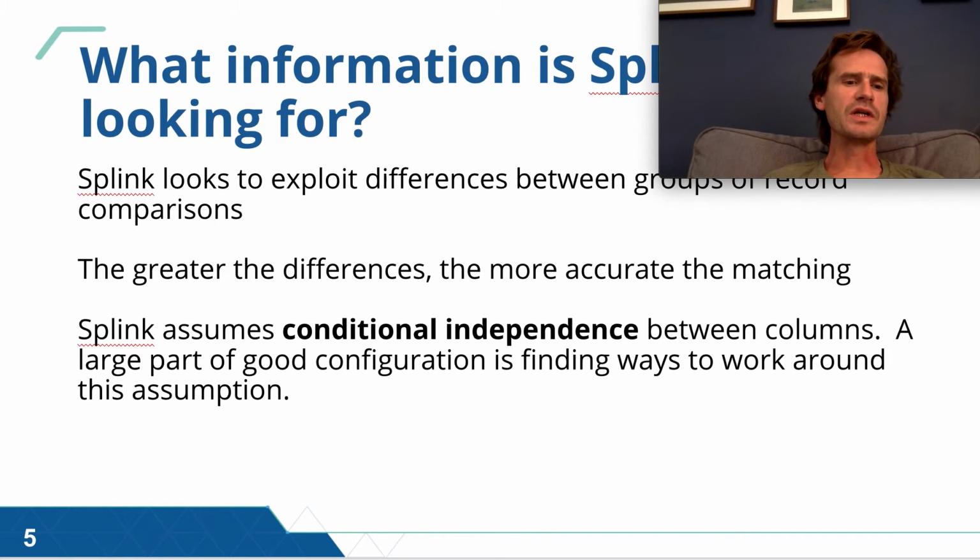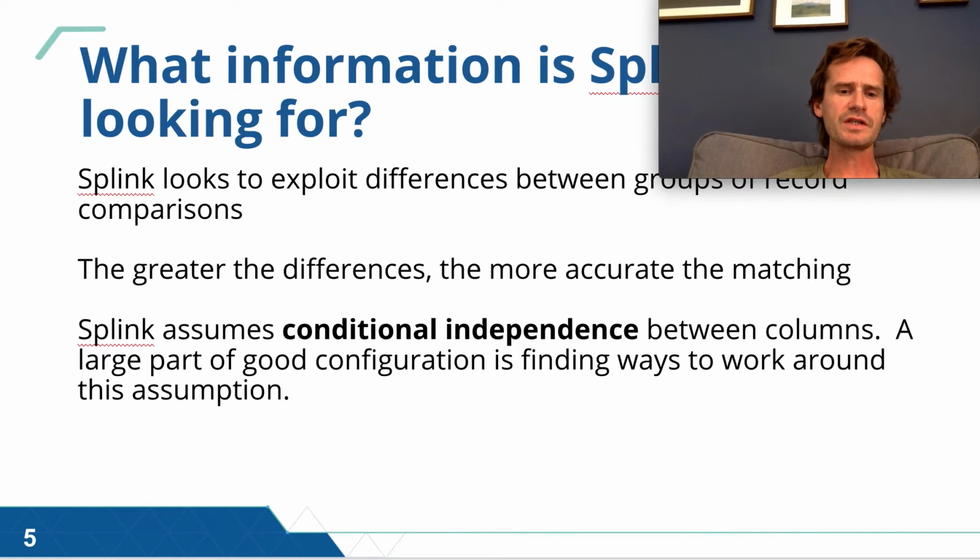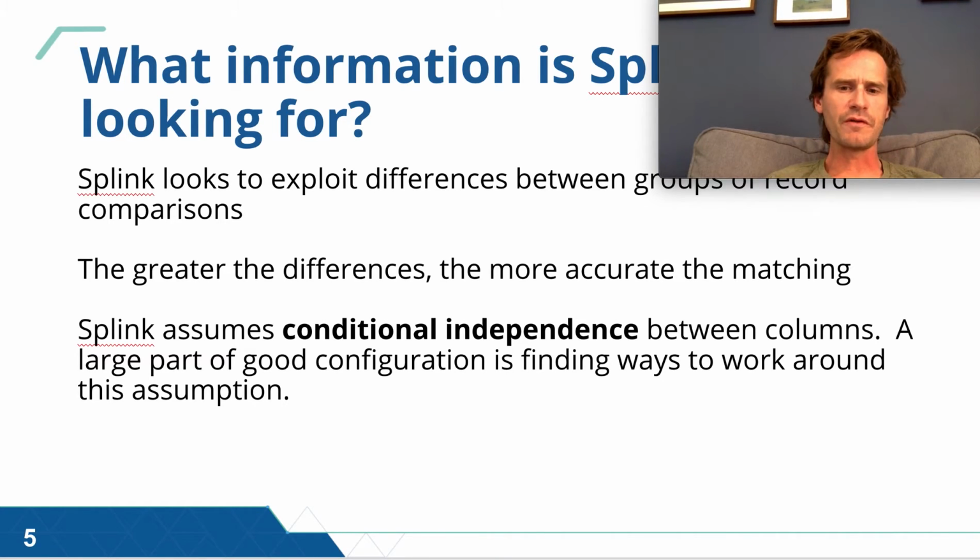One thing that's important is the way Splink combines information on different groups. It uses the assumption of conditional independence, which means that it just multiplies the probabilities together. For instance, if we observe a match on the first name field and on the surname field, all Splink does is look at the matchiness of first names and the matchiness of surnames and then multiply those probabilities together.